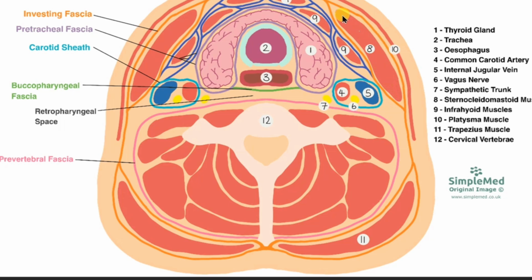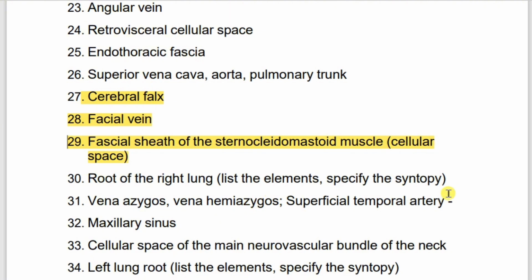Which fascia covers the sternocleidomastoid muscle? The second fascia of the neck covers it, and it is called the proper fascia of the neck.